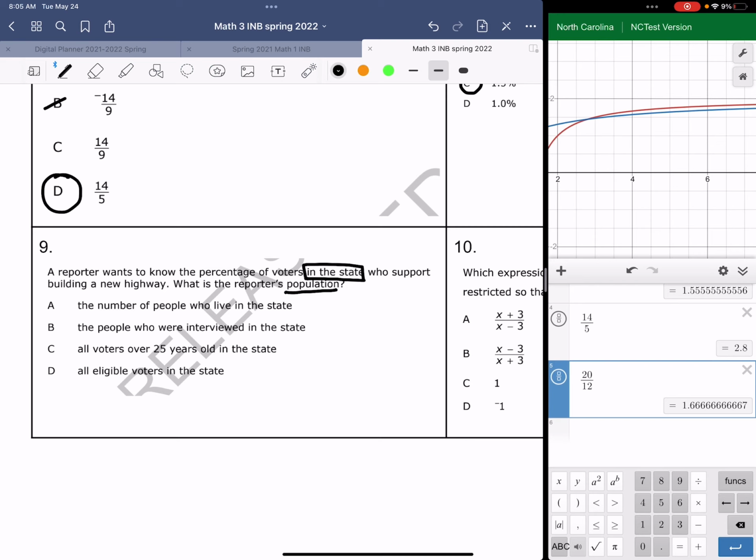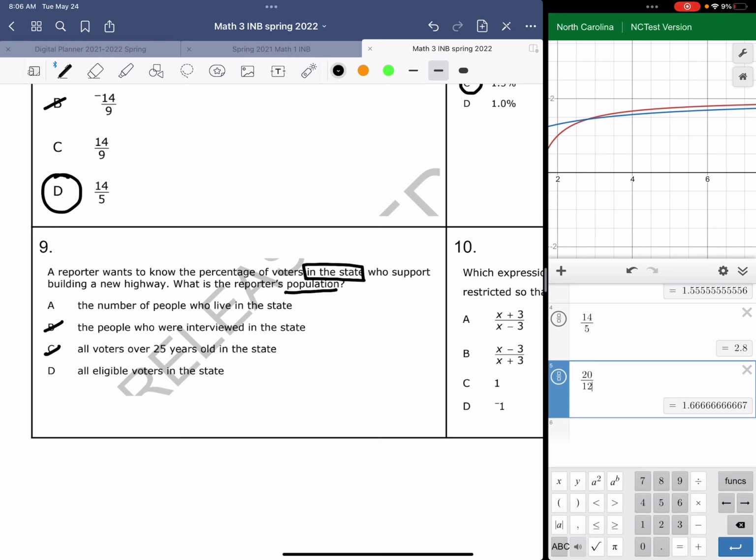So the number of people who live in the state, the number of people who are interviewed in the state. Just because they were interviewed in the state doesn't necessarily mean that they live in the state. All voters over 25. Well, why would it just be voters over 25? You can vote at 18. All eligible voters in the state.